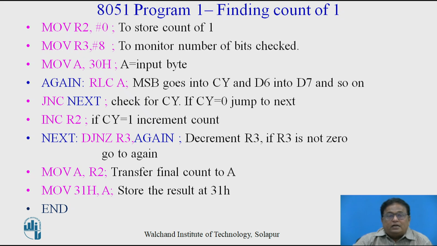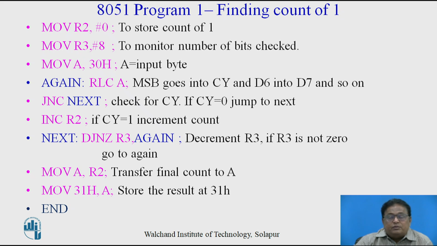Then rotate the given number left through carry. If we are rotating left, the MSB goes into the carry bit and D6 moves to D7, and so on. After rotating, check whether the carry is set or not.